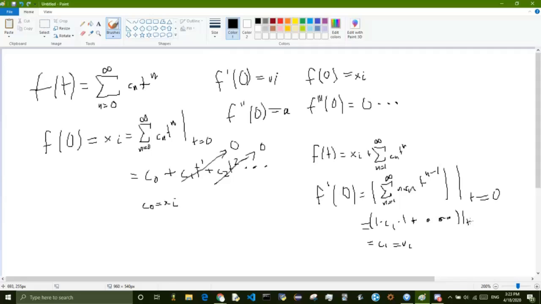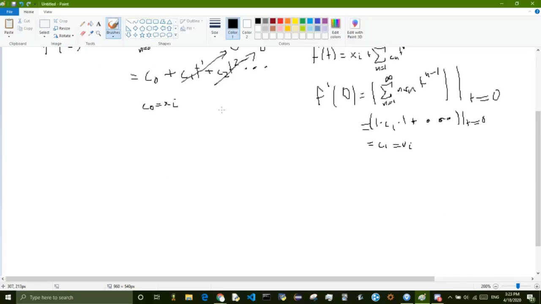So f double prime of 0, once again, we know it. I'm going to clear this and scroll down, see if we have more space here. All right. So now, once again, we have f double prime at 0 is equal to, well, we know the first term is xi times t to the 0, right?